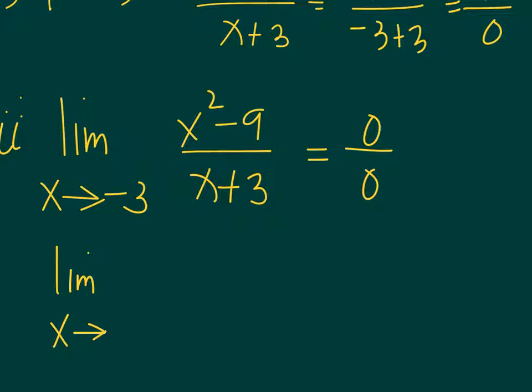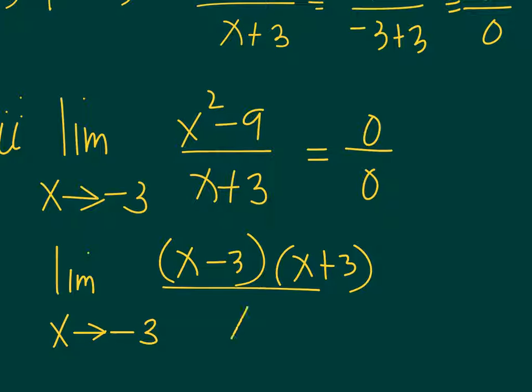And from the limit exercises earlier, anong ginagawa? Factor: (x minus 3)(x plus 3) over (x plus 3). So the limit exists and it is equal to negative 6.